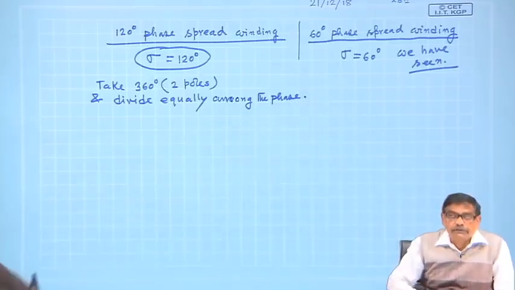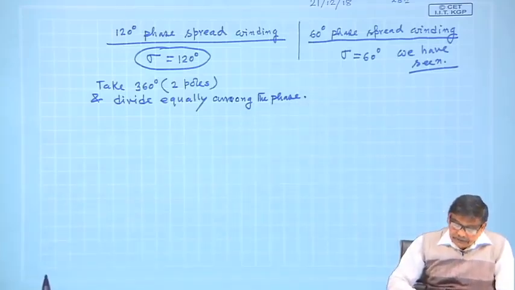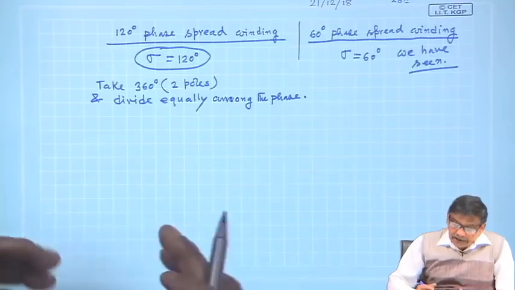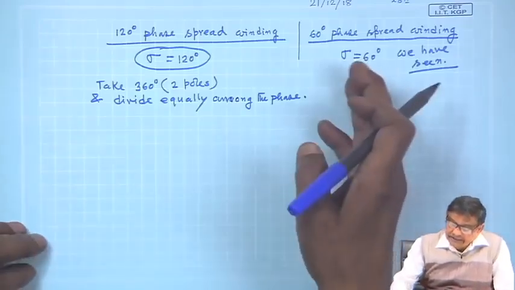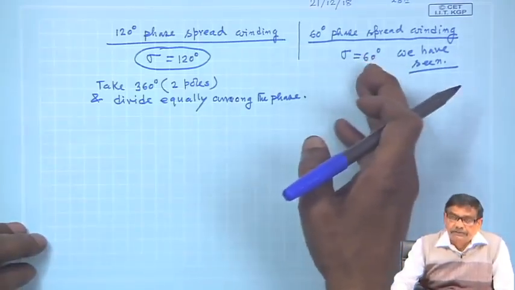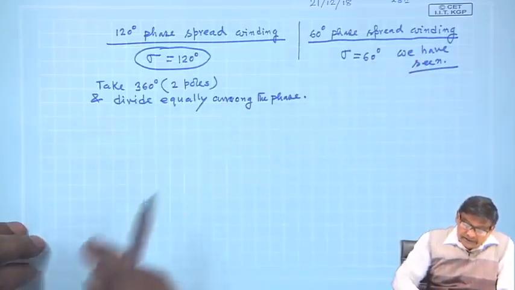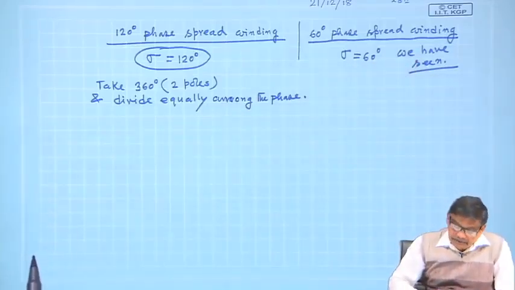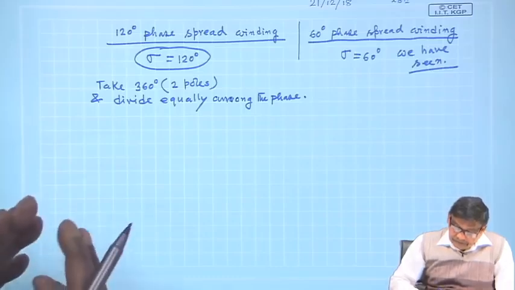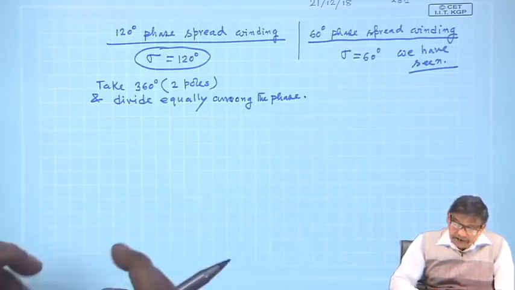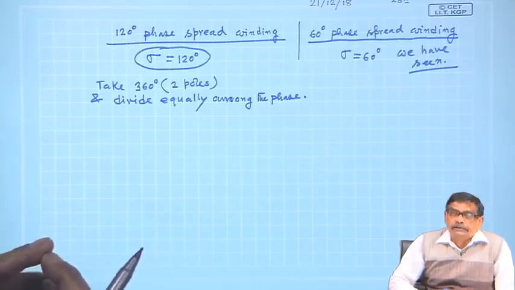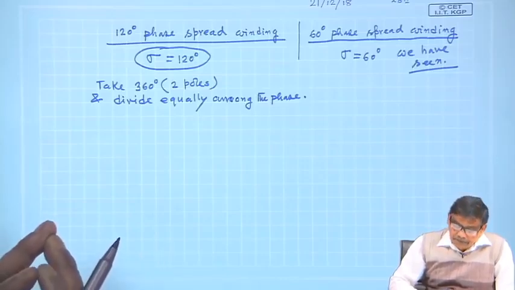Divide equally among the phases. So, windings are distributed. In this case, winding is distributed 60 degree for a particular phase. In this case, windings will spread over 120 degree for each of the phase.